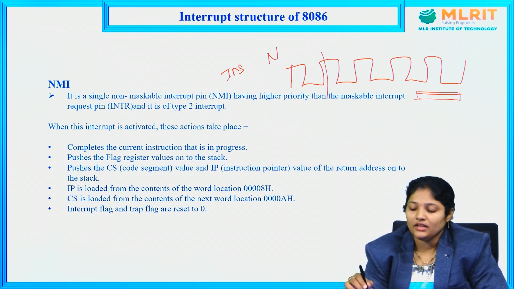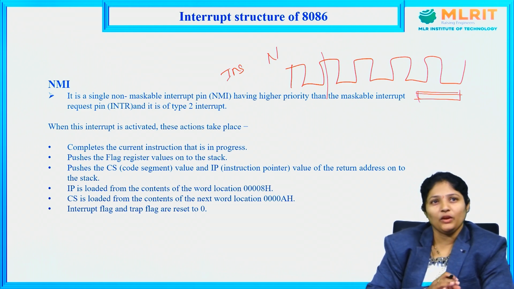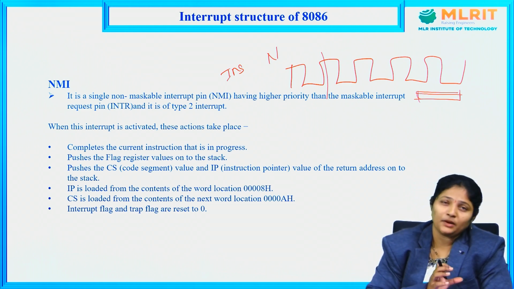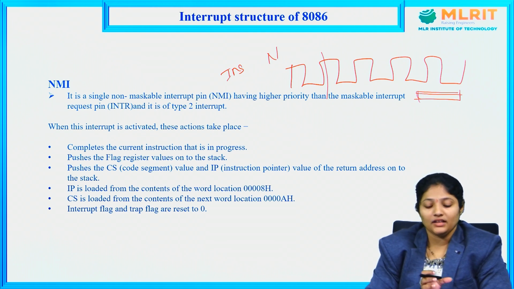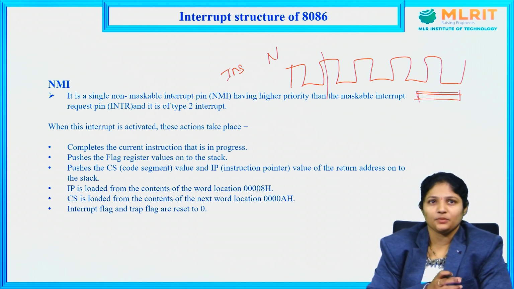At that time, if the NMI pin is enabled, the microprocessor completes the execution of that particular instruction, and then it jumps to the interrupt that is being accessed.